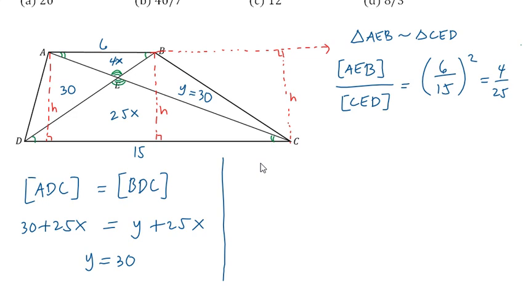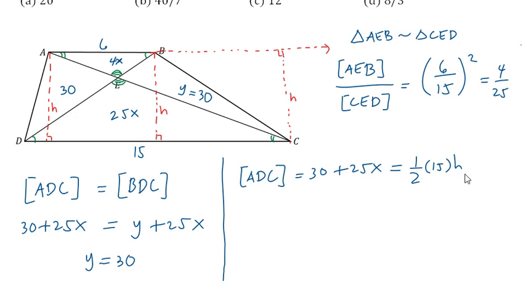Observe that the area of triangle ADC can be expressed in two ways. We can have 30 plus 25x, or we can use the formula 1/2 base times height. So if we use the formula, 30 plus 25x must be equal to 1/2 times 15 times h.